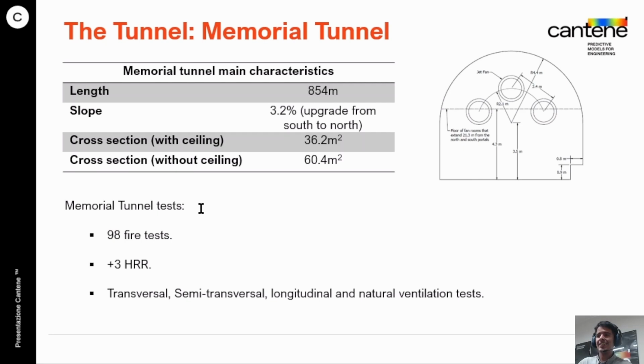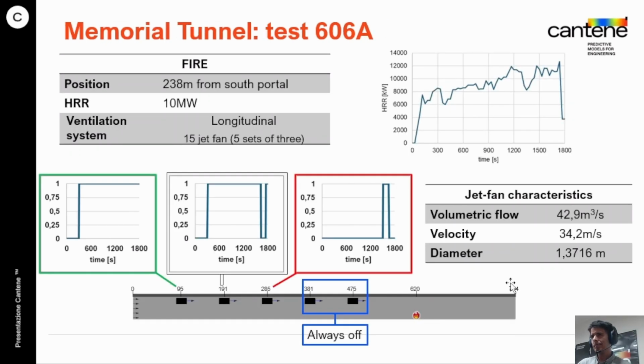In this facility, they did a series of 98 fire tests with more than 3 HRRs using different types of ventilation, among them different types of transversal, semi-transversal, longitudinal, and even some natural ventilation tests.